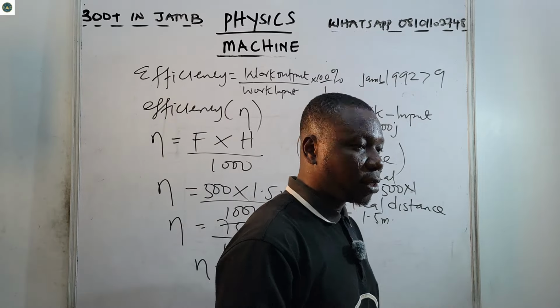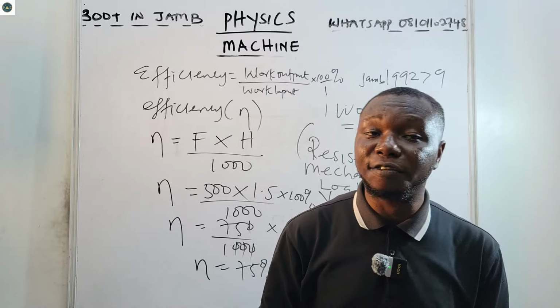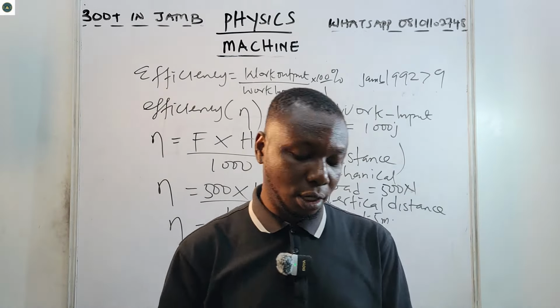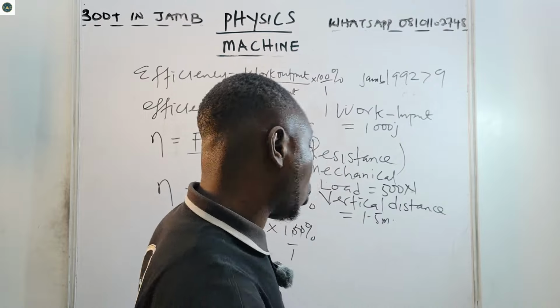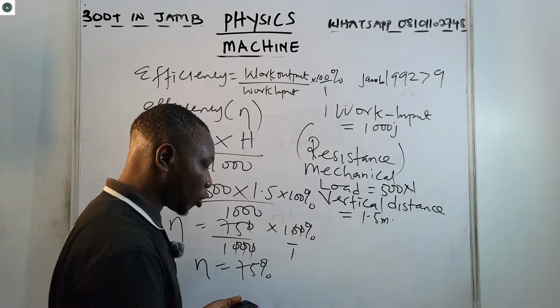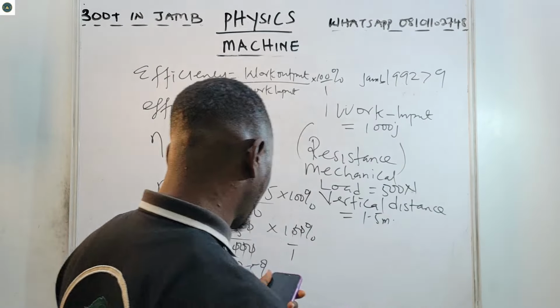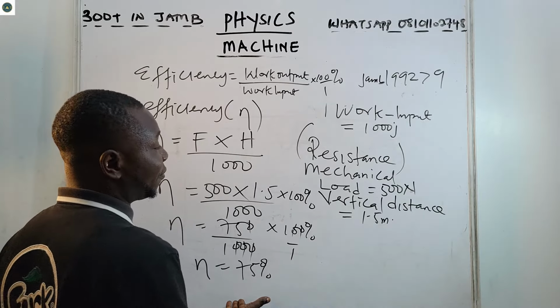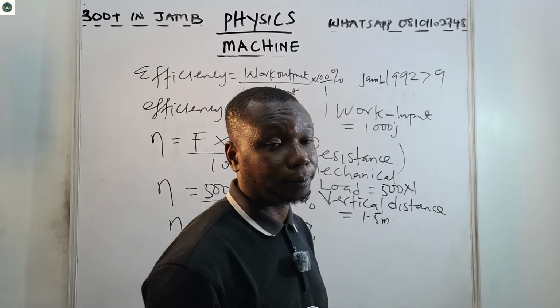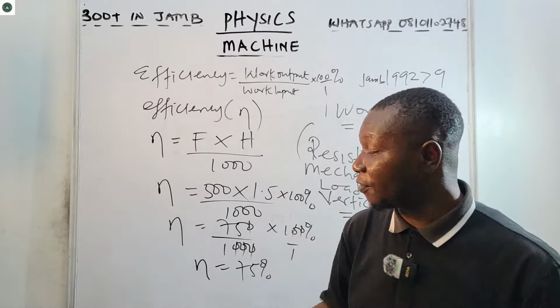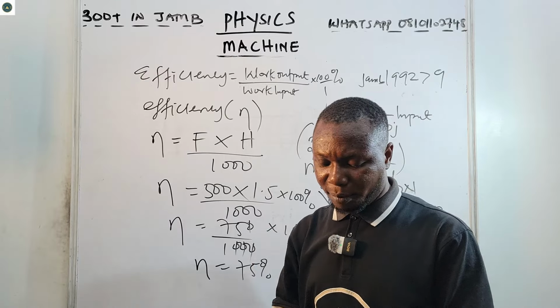This means that 75% of the input energy is converted into useful work, while the remaining 25% has been lost.